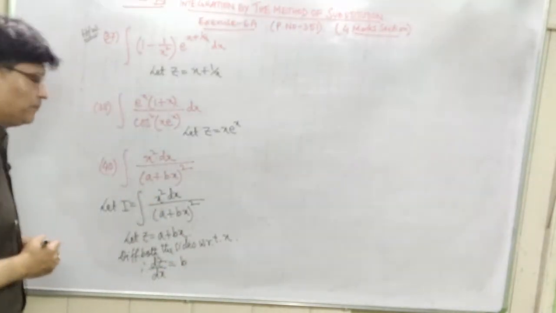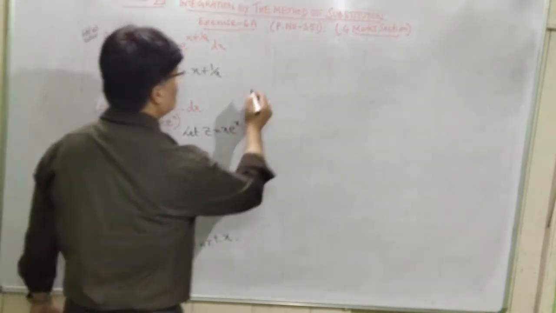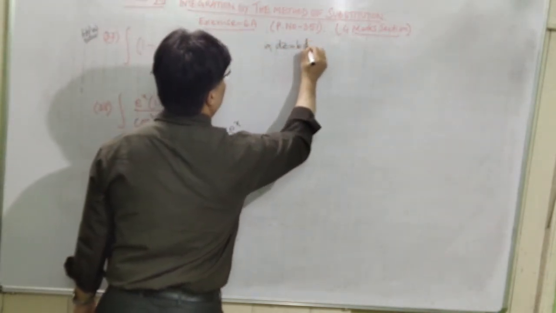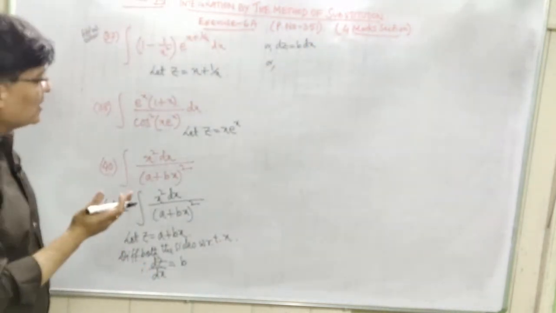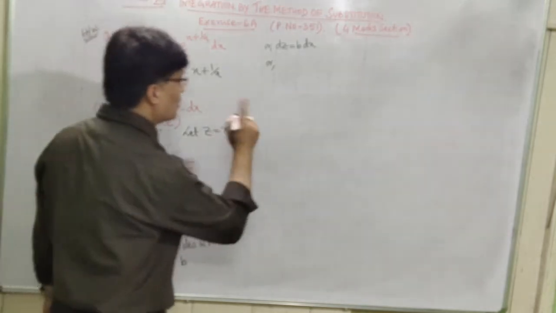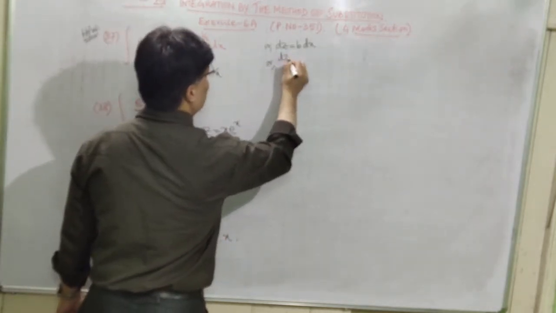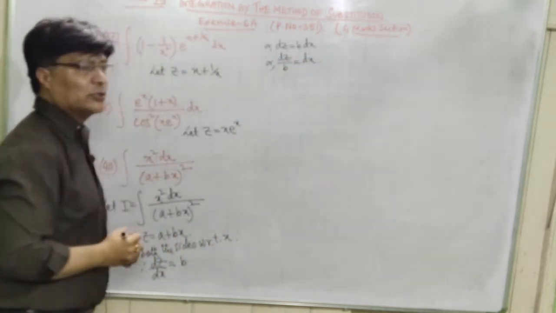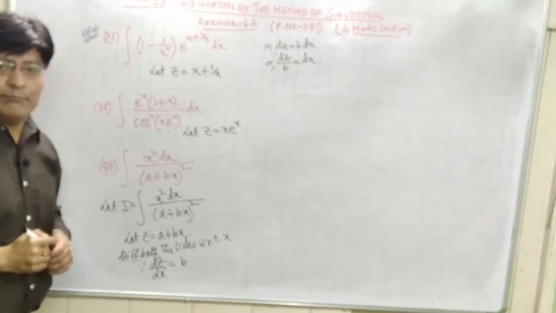It is b. Is that clear? So now we can do cross multiplication, or dz is equal to b dx. Next, you can take this b to the left hand side in order to get the value for dx. So dz by b is equal to dx. So we have got the value for dx. It is dz by b.